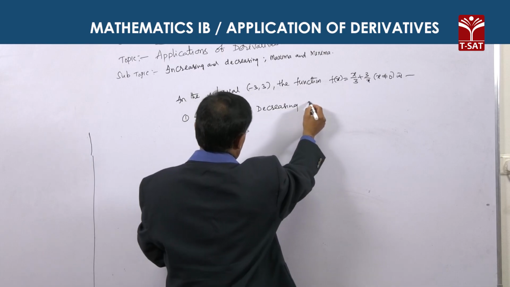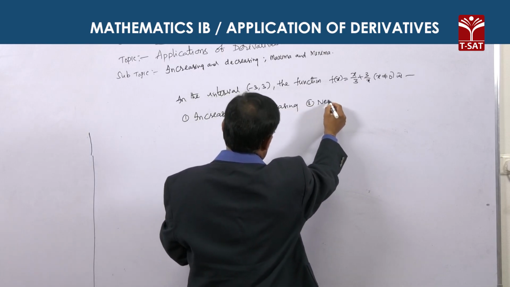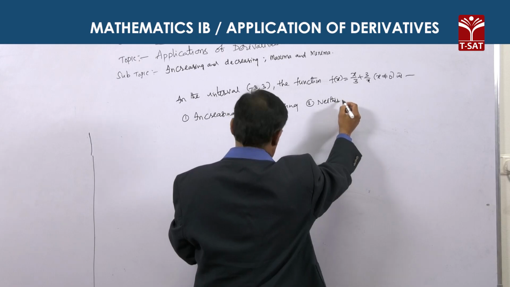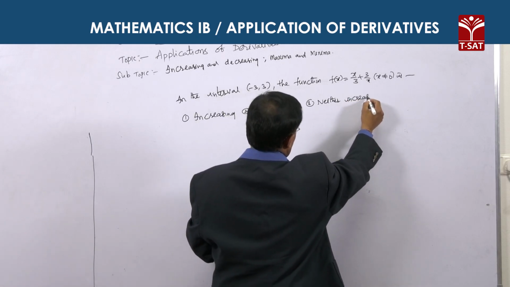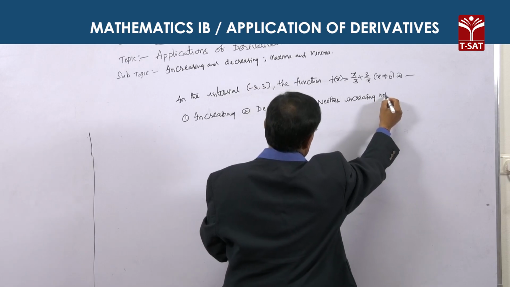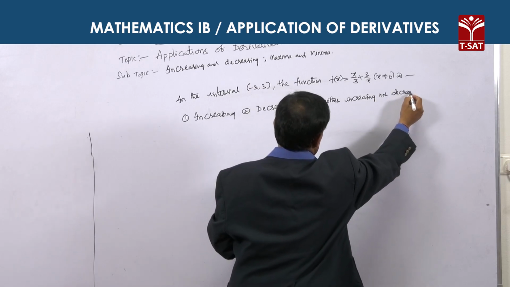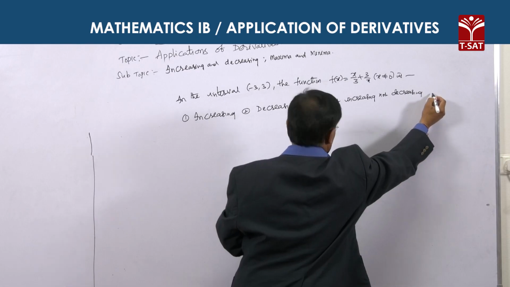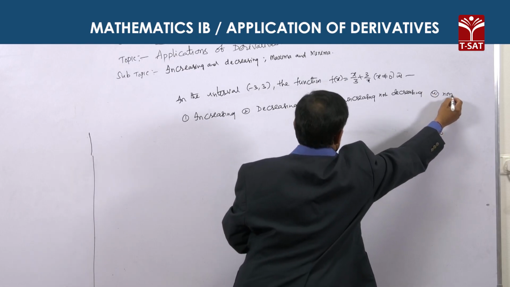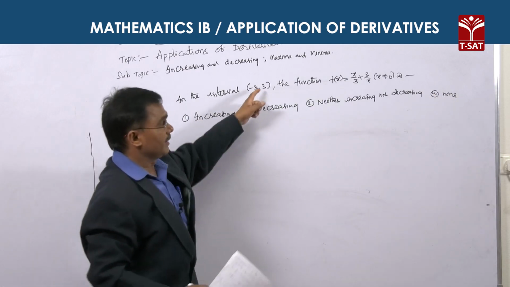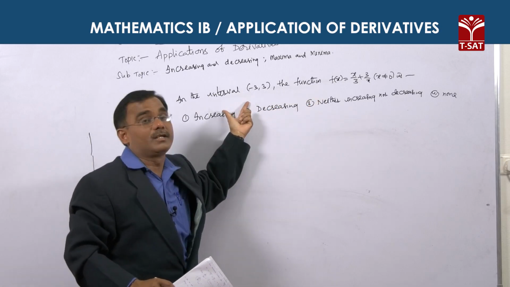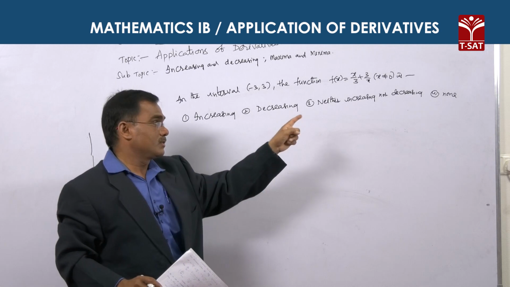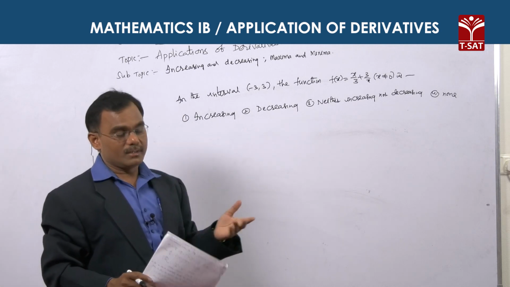Third answer is neither increasing nor decreasing. Fourth answer is none. Which one is correct? In the interval, is the function increasing, decreasing, neither, or none of the answers?